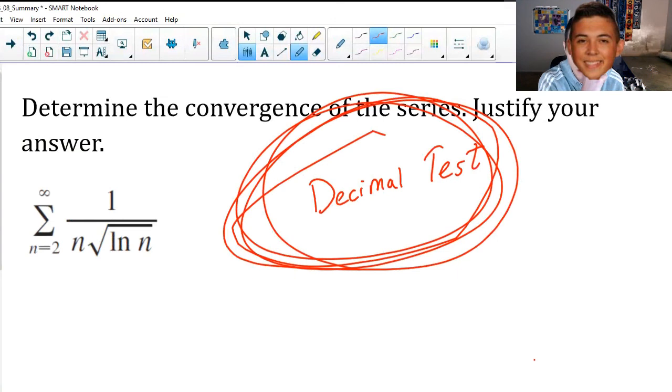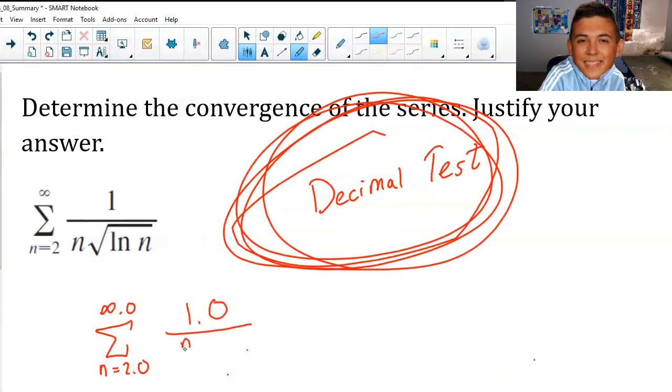So all you do is you take everything and you turn it into a decimal. Infinity 0.0, n equals 2.0, 1.0 n divided by 1.0 times the square root of 1.0 times natural log of n plus 1.0 minus 1.0.